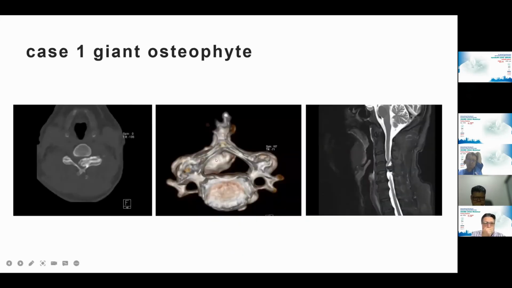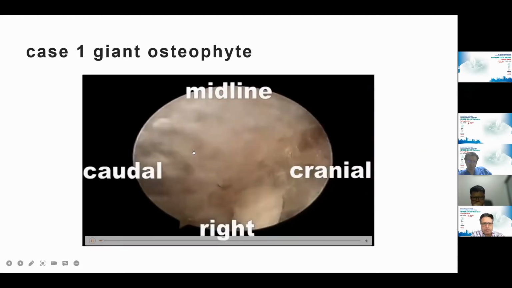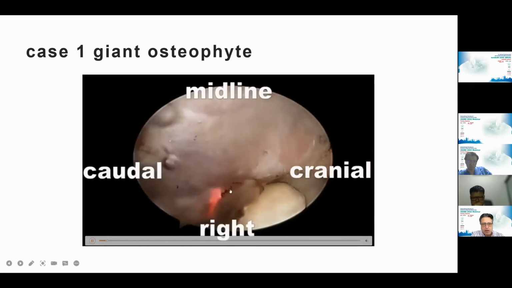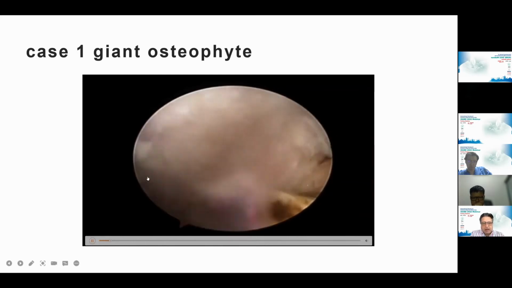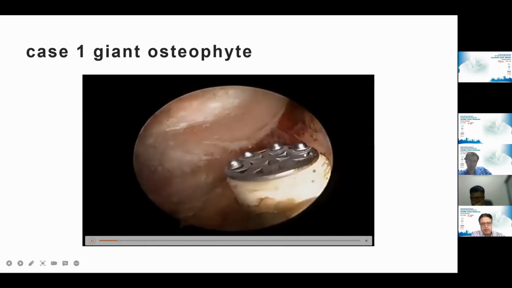Case one is a big size osteophyte. We choose the contralateral approach to remove the big osteophyte. The left side is the caudal side, the right side is the cranial side.